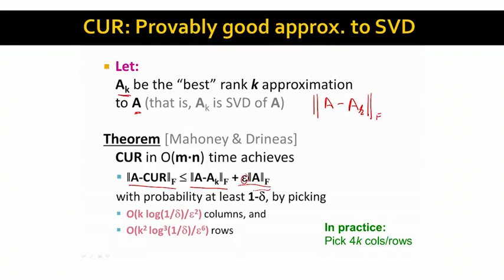It will be some additive error term away from the SVD reconstruction, which is the best possible reconstruction we could achieve. What are the conditions for this to hold?